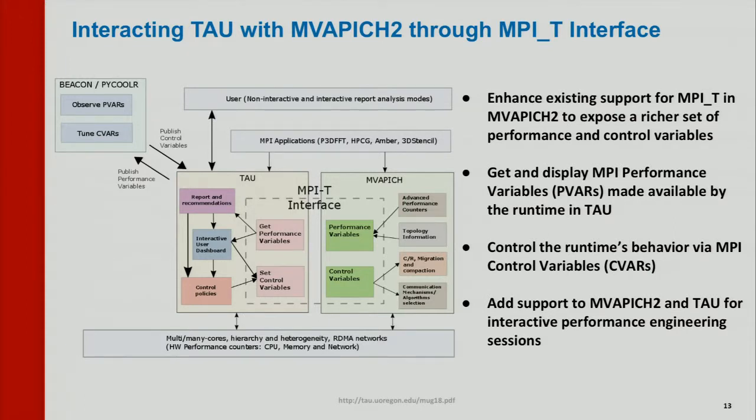You can also, in the case of TAU, publish this at runtime and have other tools like our beacon infrastructure for looking at the performance of the application at runtime and publish it in a graphical user interface. So you could monitor the execution of the code as it is running and evaluate memory levels and other performance variables.